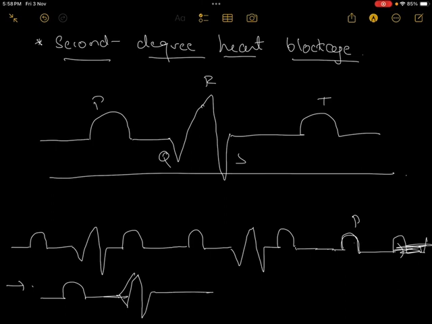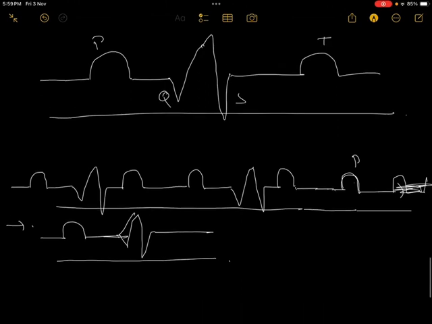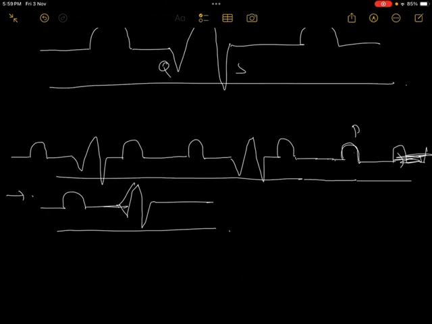As you have seen here, there is a continuous formation of PQRST complex, and after some time there is a sudden cessation of formation of QRST complex, and there is only formation of P wave. If there is a finding of this kind of phenomenon in the ECG, we can classify that type of heart blockage as second degree heart blockage.